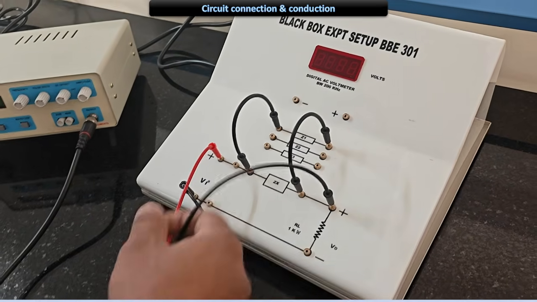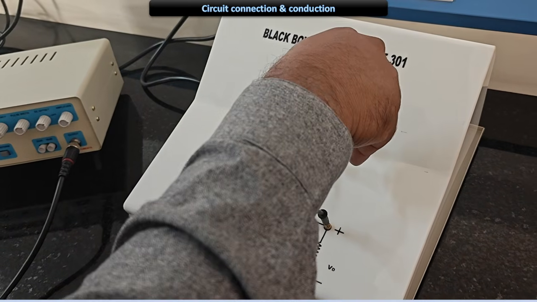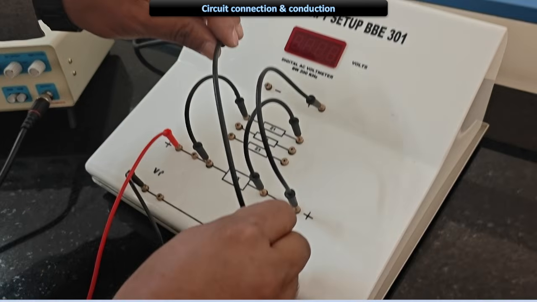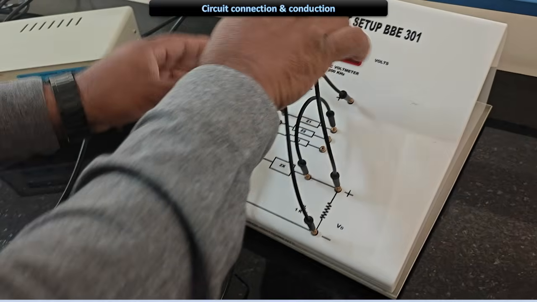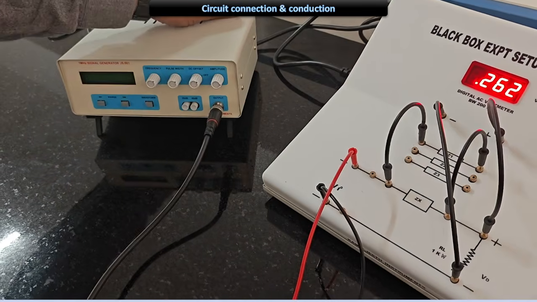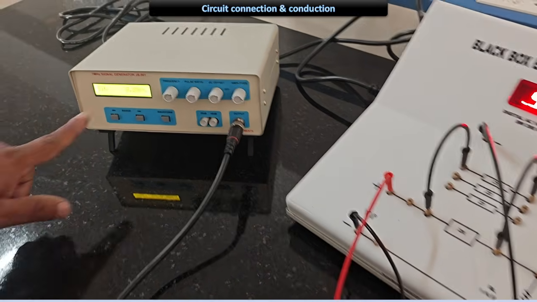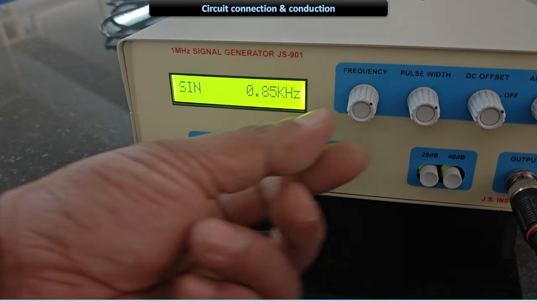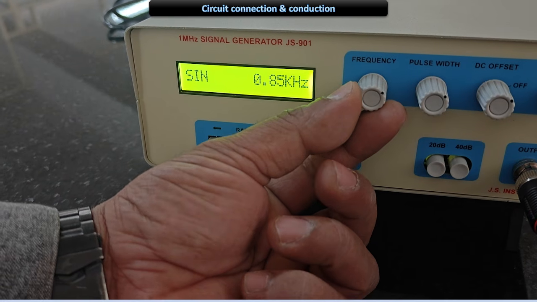Plus should be connected to plus, and minus should be connected to the negative terminal of the voltmeter. Once you are done with this, turn on both the instruments, go to the frequency knob and ensure that it is kept at 1 kilohertz. Now it is 0.8, adjust it to 1 kilohertz.